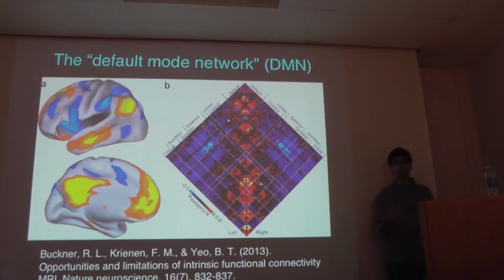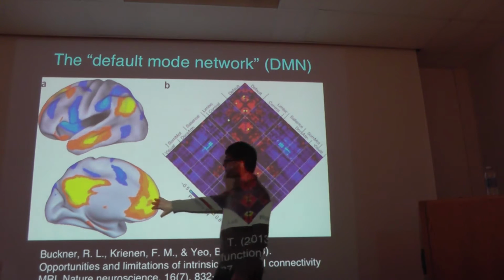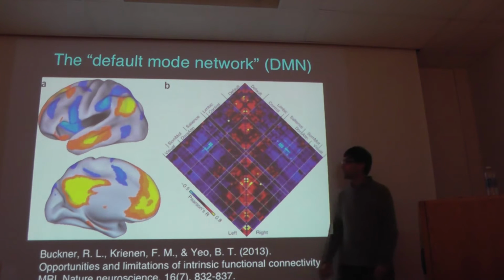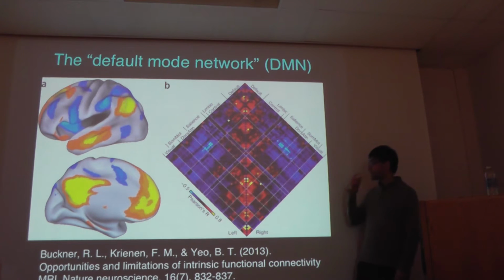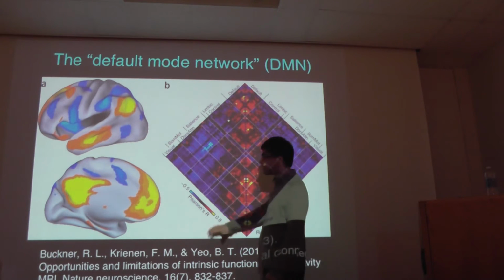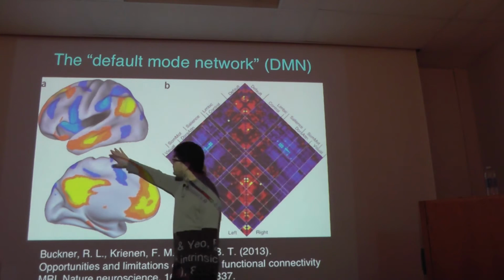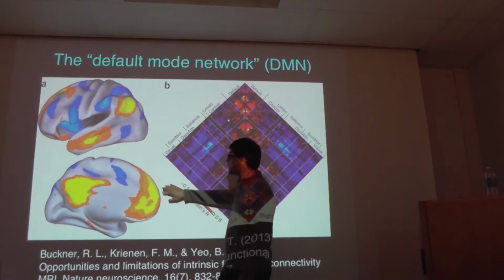Okay, so the things which really are active, okay, are this sort of default mode network. And if you just get people to hang out in the scanner and look at what's correlated with what, then it turns out that pretty reliably, this has been replicated by lots of labs, lots of different times, all of these sort of default mode type areas tend to correlate with each other.